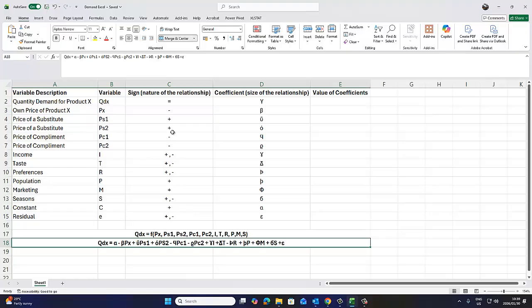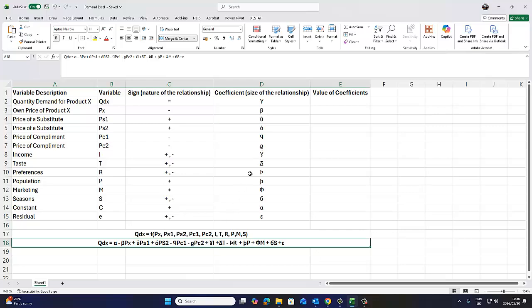Then we've got minus beta own product. We've got plus whatever that sign is, substitute 1 plus that sign plus substitute 2. Then we've got minus that sign, price of complement 1, minus that sign, price of complement 2.